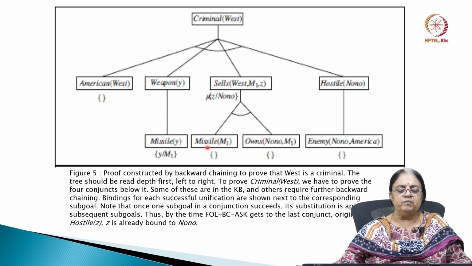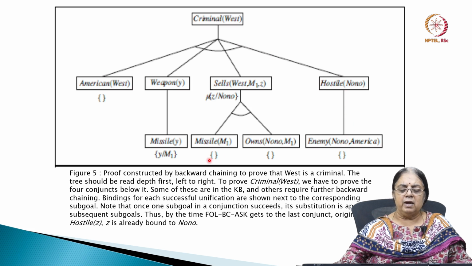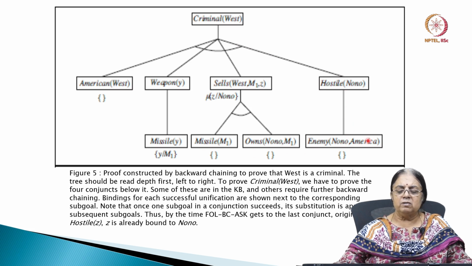The missile M1 has already been put there, owns Nono M1, and the next one here is hostile Nono, and you can do that by saying enemy Nono America. So you are moving down here, and all these are proved to be true because they are all facts in your knowledge base. So at this point you have proved criminal West.